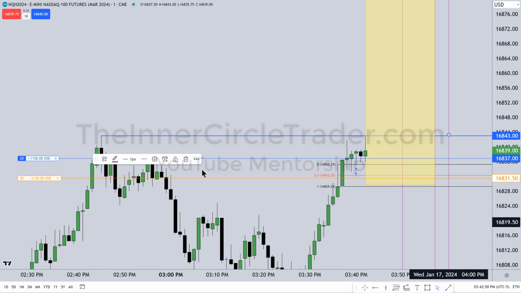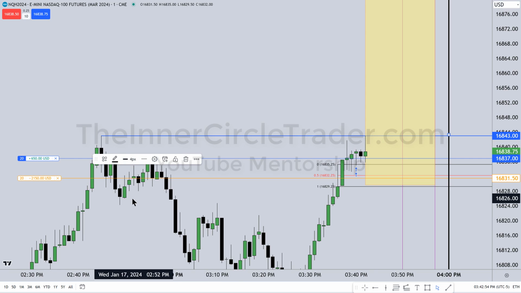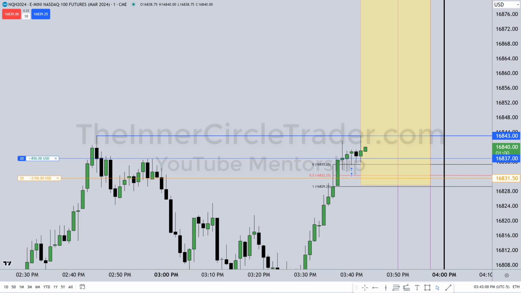And this is the close, so I'll just black that out. So that's the close. So now watch how it behaves. I can take this off there because you've seen where the stop is and why.